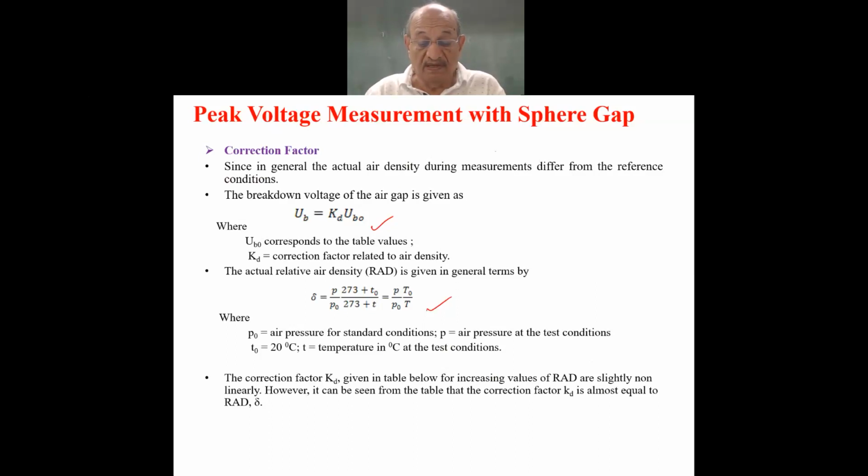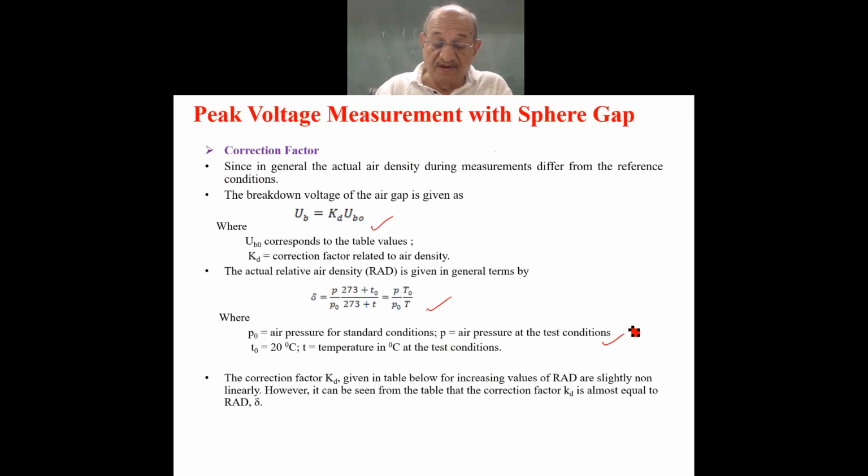So P naught, as I mentioned, is the air pressure for standard condition, and P is the air pressure at the test condition at the time of measurement.